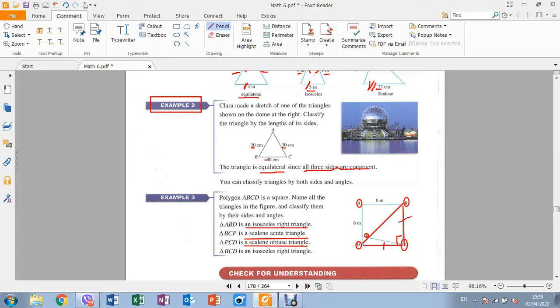This one is congruent with this one, so the lengths are equal. So it is isosceles. Triangle BCD is an isosceles right triangle.